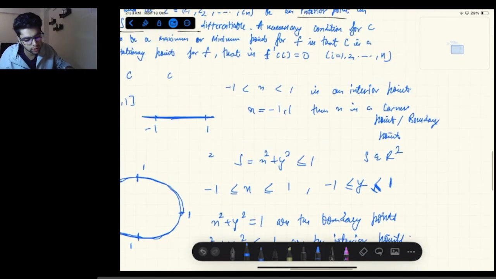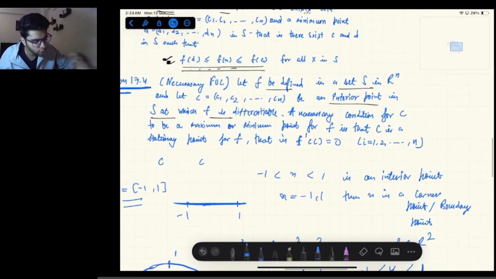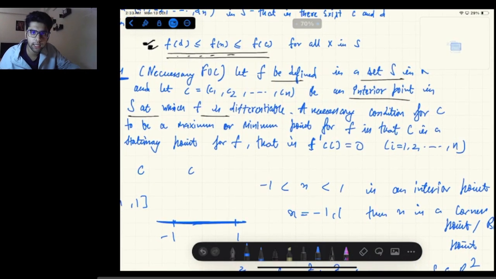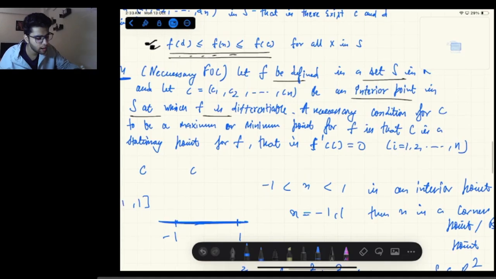So now the condition says to qualify C, which is an interior point, as a maximum or a minimum, C being an interior point has to be a point at which f is differentiable, and the C point should also be a stationary point. Now, what does stationary point mean?